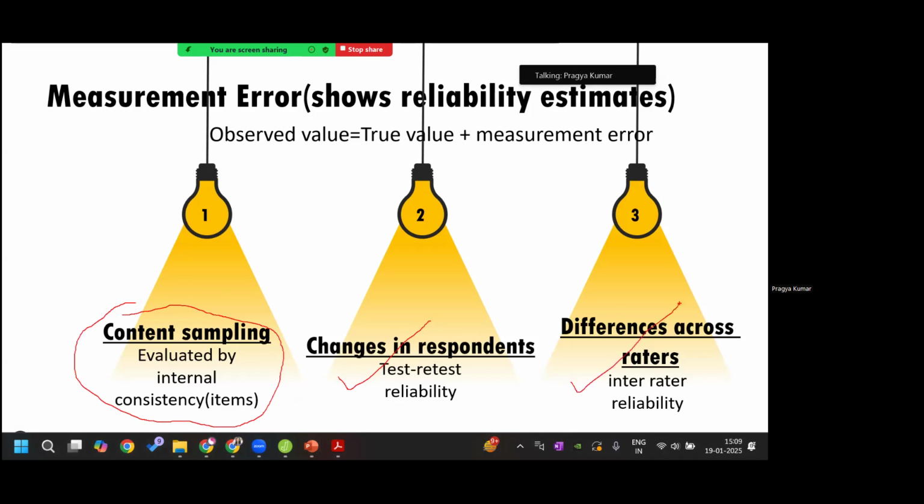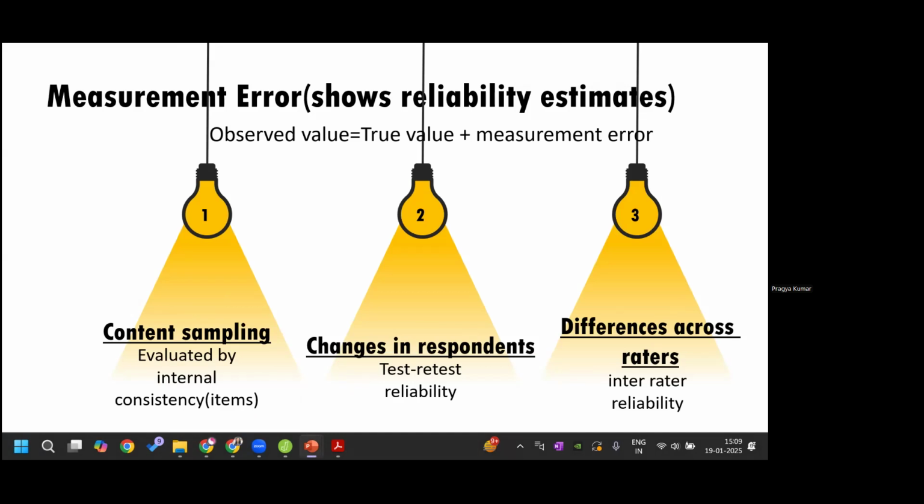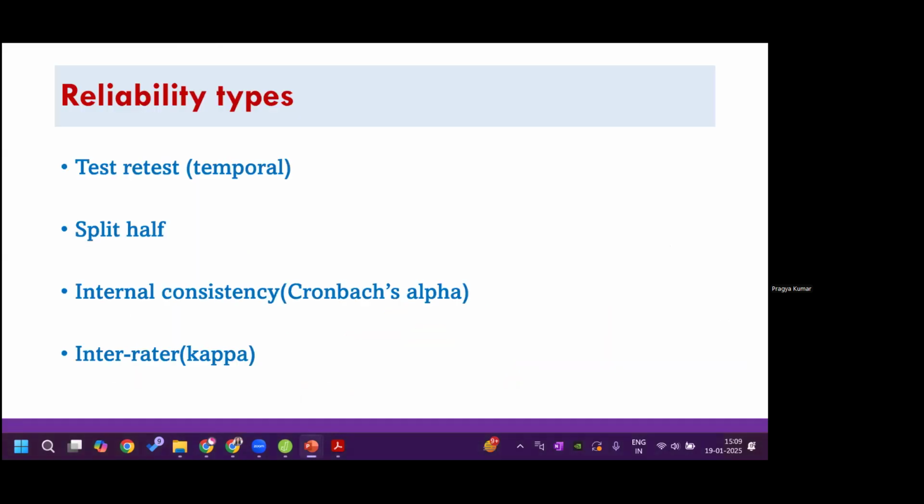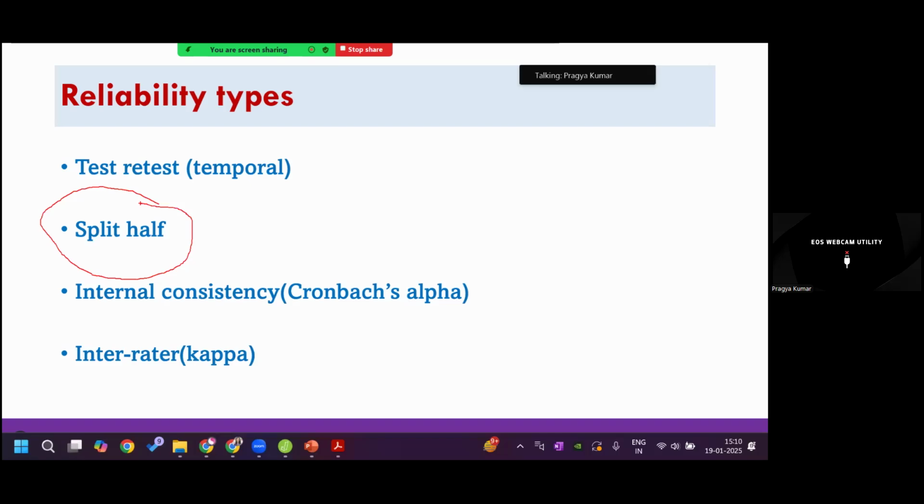Now coming to the internal consistency. There's another type of reliability, which is the split half reliability. Split half reliability is what? It is not very usually done. If you have got a questionnaire, you can divide your questionnaire into first half and second half.